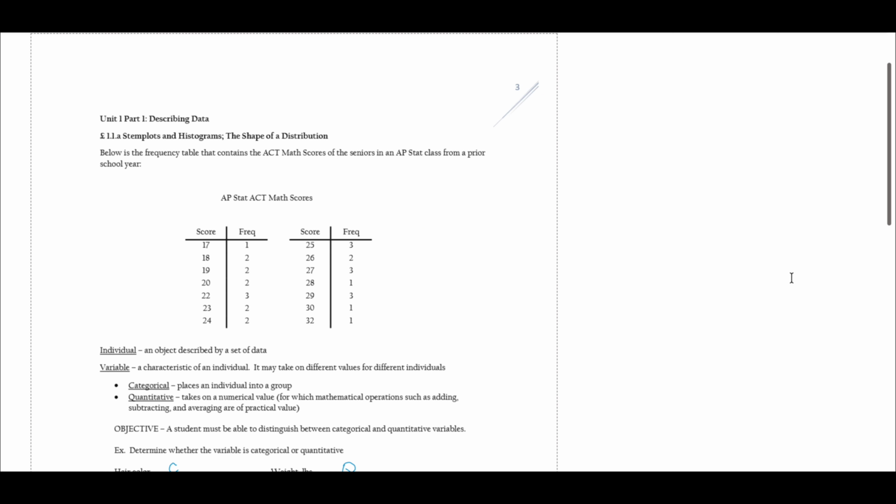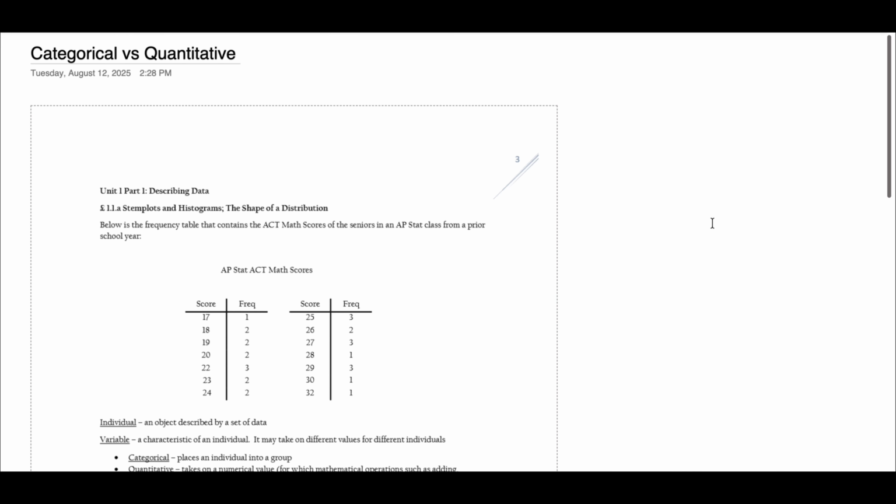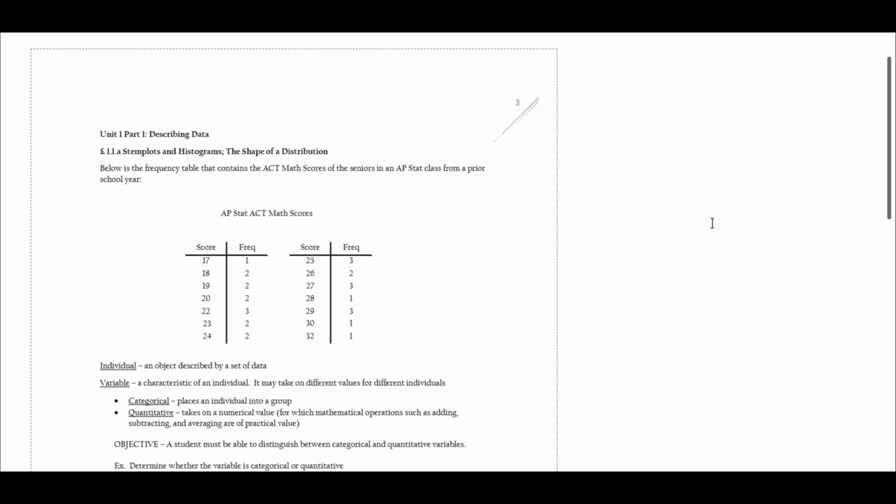We're beginning with categorical and quantitative data, and it's a very important and fundamental topic throughout the statistics course.